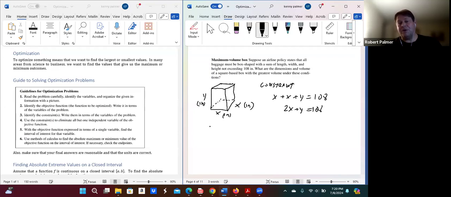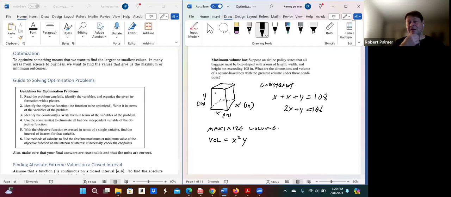Okay, what we're going to do then is want to maximize the volume. Okay, now, so the volume of a box like this, any kind of box, is going to be length times width times height. Okay, and so in this case, that's just going to be x squared times y, because it's length times width times height.